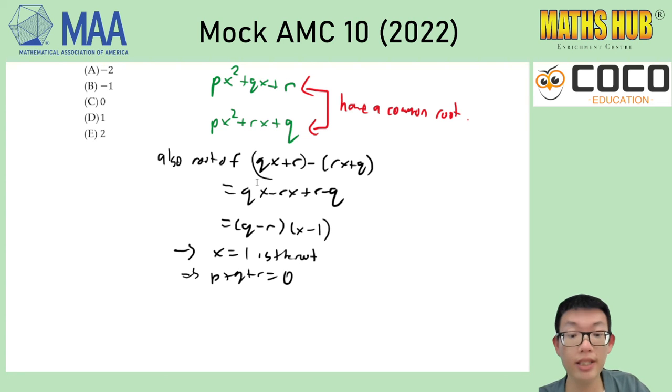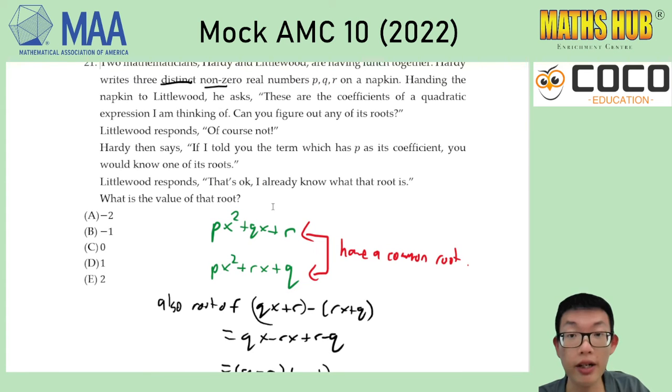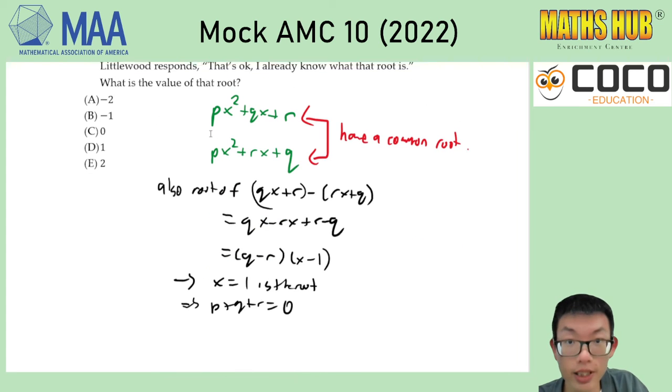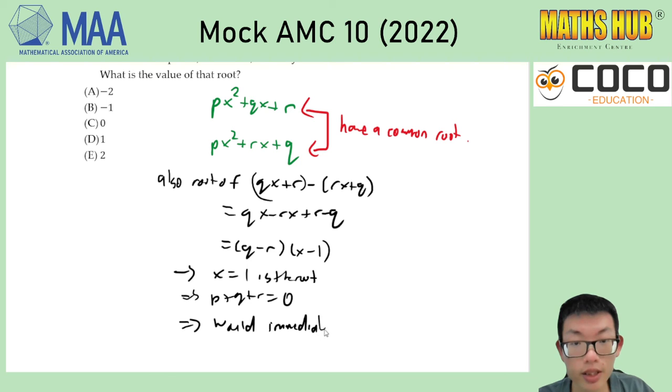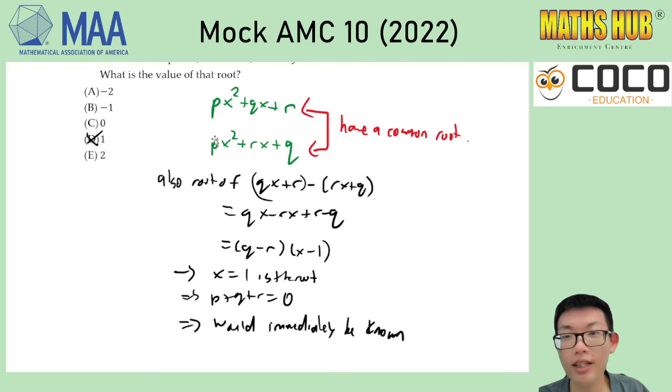If x is 1, it doesn't matter where P, Q, R were. Littlewood would have immediately known in the first place. So it means that x is actually not 1, and we will need to look at another case.